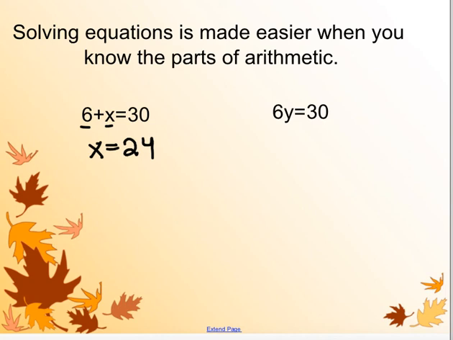Similarly, 6y equals 30. I have a factor of 6 and a factor of y that give me a product of 30. Well, logically, the only factor that would work in the place of y would be 5, because 5 times 6 gives us 30.